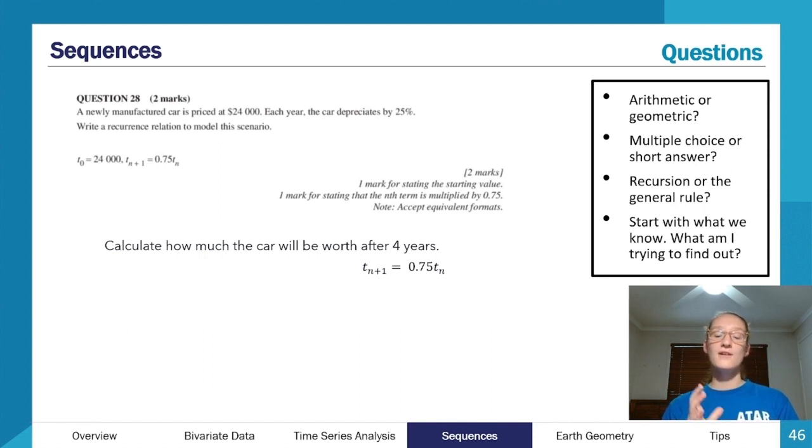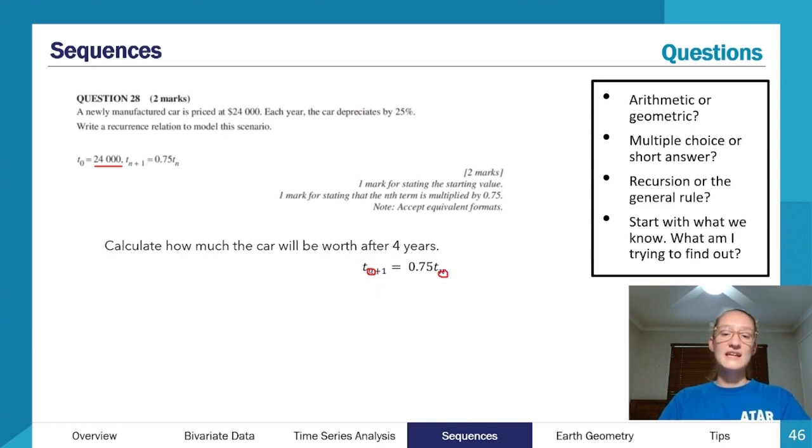So what we're going to do first to illustrate that is say let n equal 0. If we say let n equal 0, we're going to have T0+1 equals 0.75 times T0. And I know from up here that T0 is $24,000.